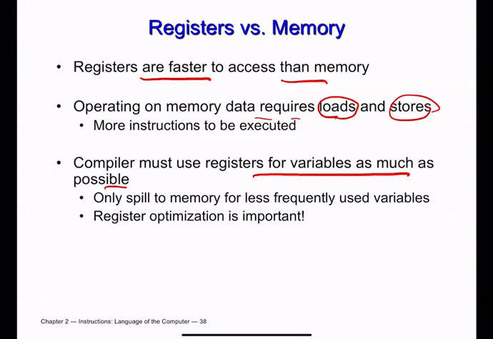But as much as I can, I should save all the variables in the registers. That's why, of course, we only spill to memory for less frequently used variables, since each time I access a variable inside my memory, I'm losing time. And if I'm losing time, then the whole throughput of the operations will, of course, decrease.